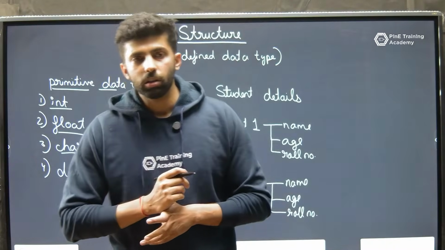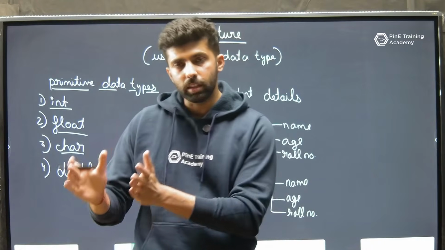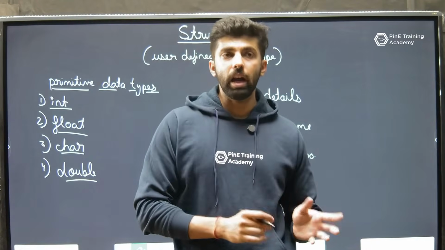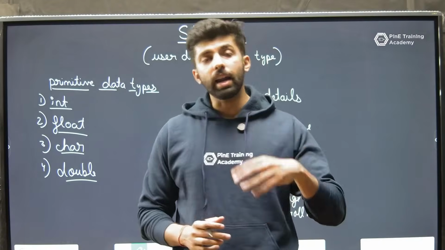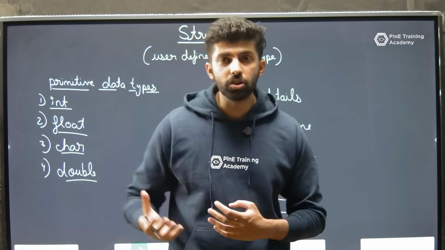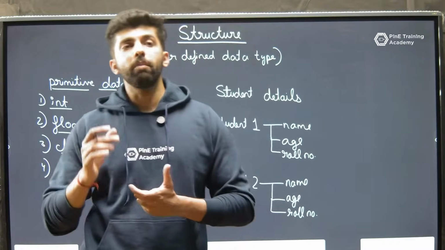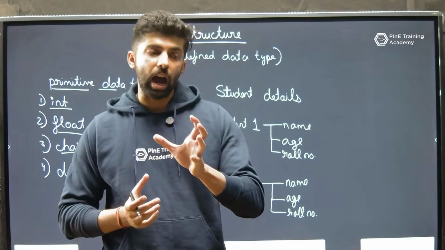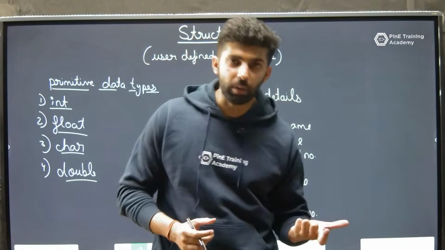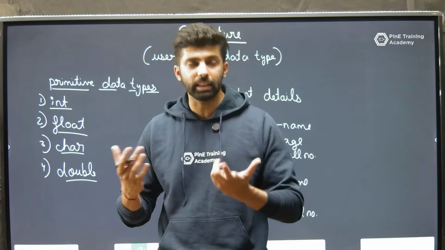What do we use? Okay, we have a data for a person, we have a data for an object, we have a data for a car. A car has four tires, a car has an engine, a car has an engine number. We don't talk like that a car has an engine integer number, right? We don't say like that.